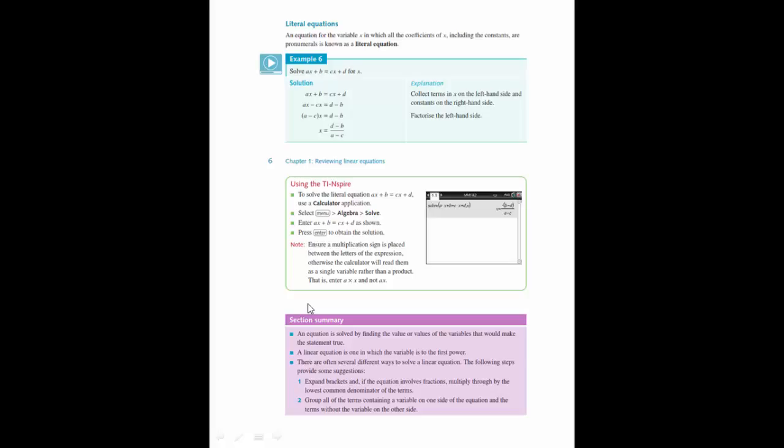Expand brackets, and if the equation involves fractions, multiply through by the lowest common denominator of the terms, which is obtained by multiplying those terms. And as you've seen, do this even if the fractions are on both sides of the equality. Group all of the terms containing a variable on one side of the equation and the terms that don't have it on the other side.